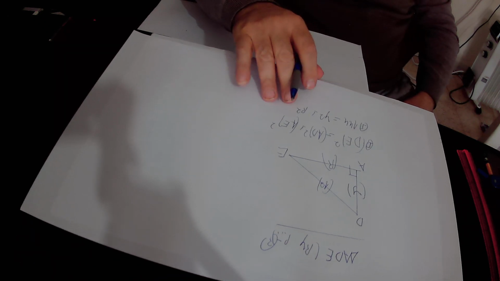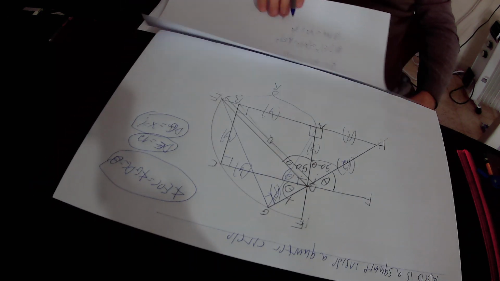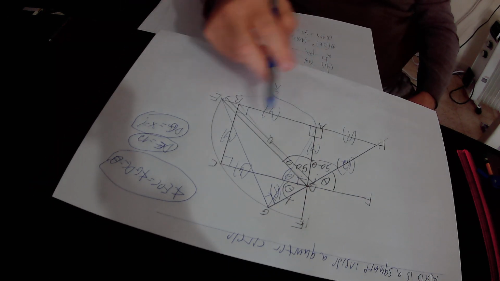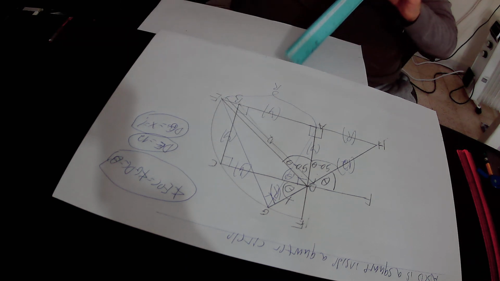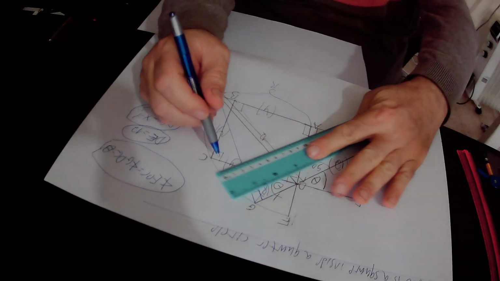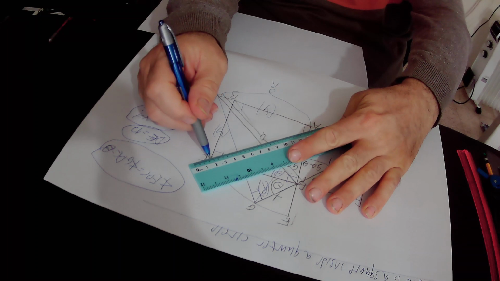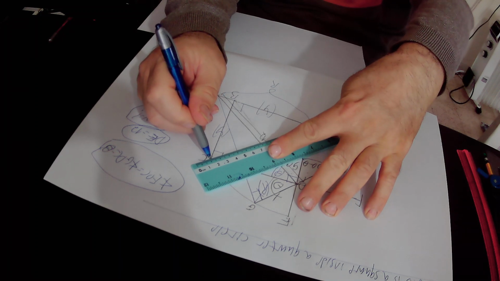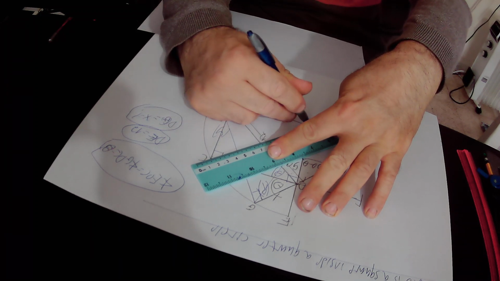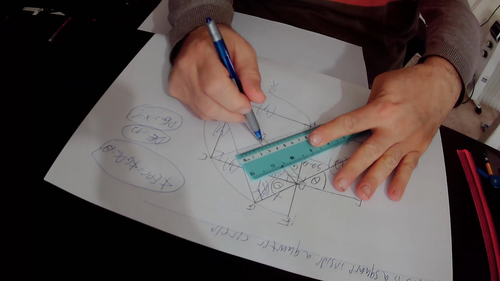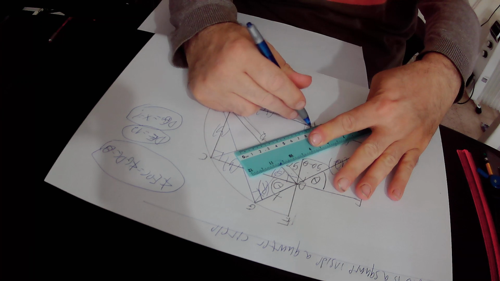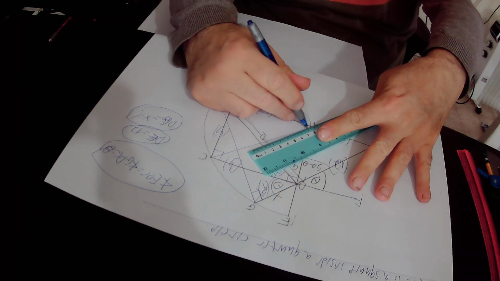In the next step, we join points A and C together by a straight line. And we'll implement the Pythagoras theorem on the right triangle, triangle ABC. So we copy the right triangle ABC in a new page and we'll implement on it the Pythagoras theorem.